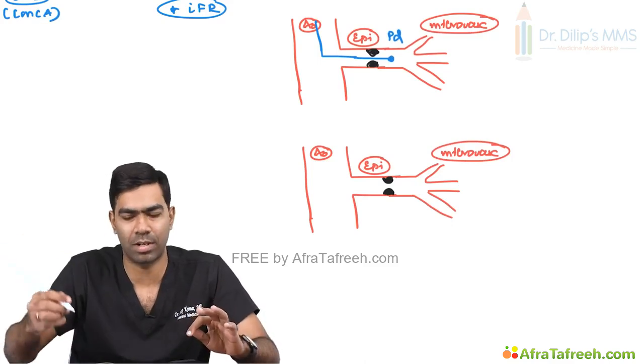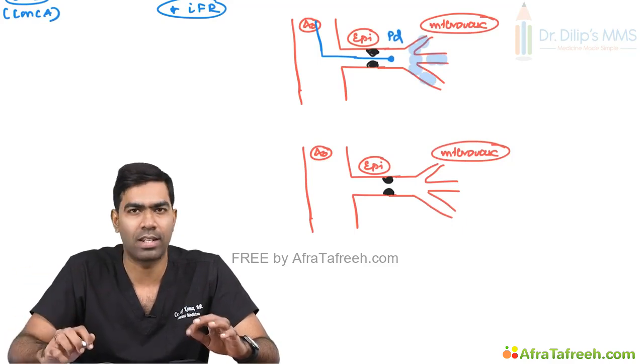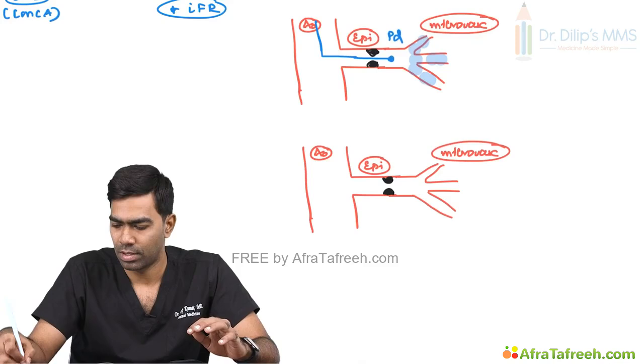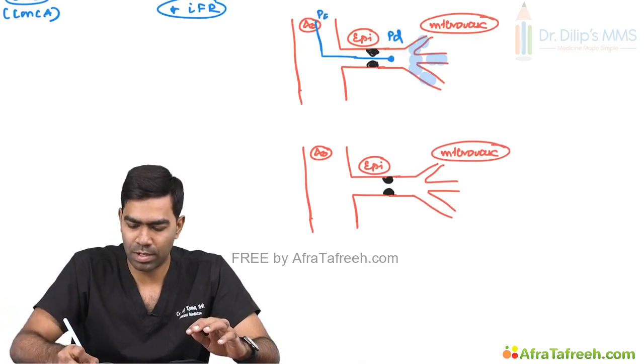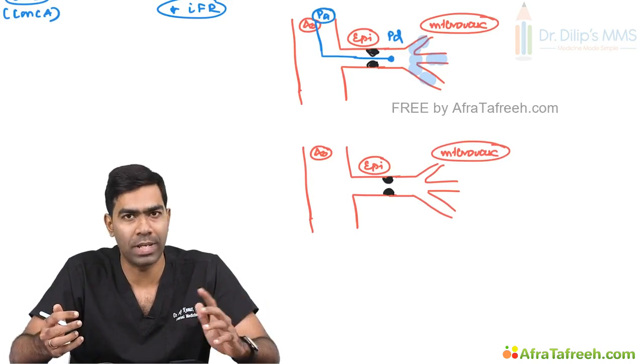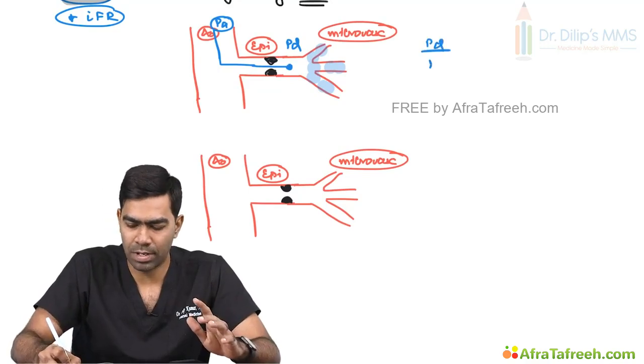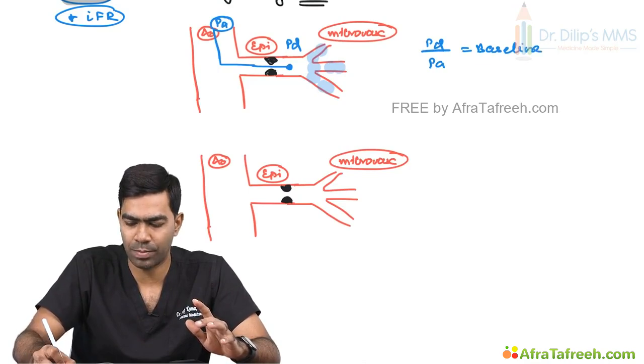Typically, this distal pressure will be an index of the pressure in the microcirculation. Proximal pressure you can also measure in the form of aortic pressure, and that's going to be the PA. If you don't do anything and just measure the PD by PA, that is called the baseline PD by PA, and that doesn't have much value.